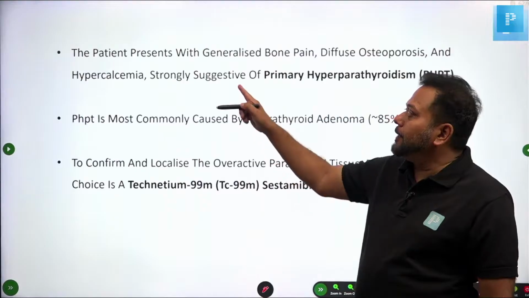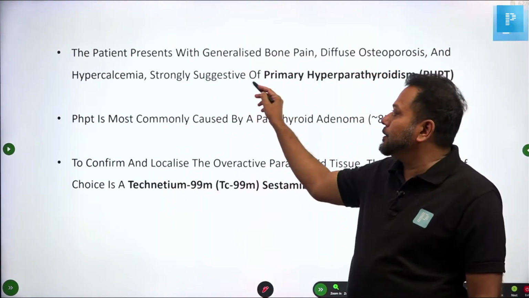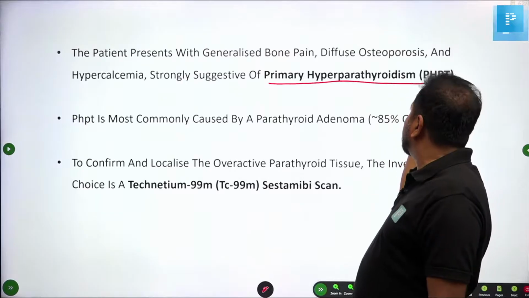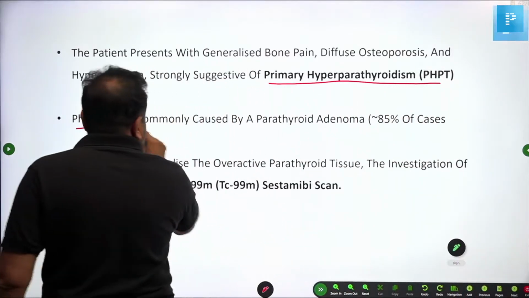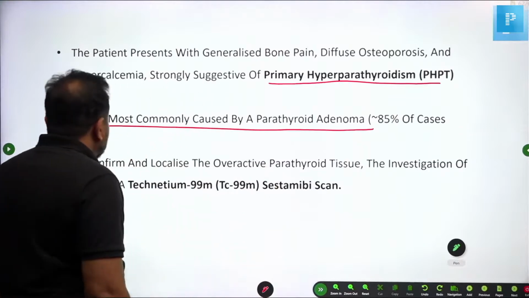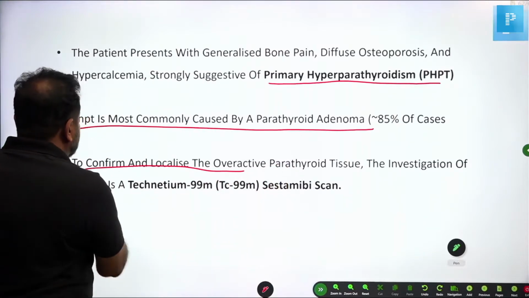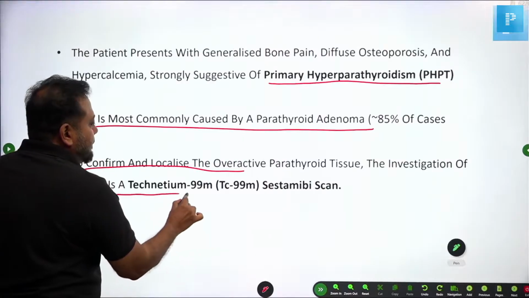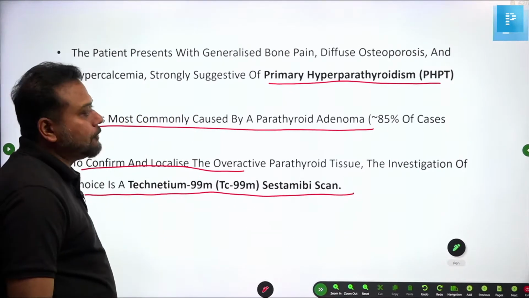You see, the patient presents with generalized bone pain, diffuse osteoporosis. Hypercalcemia strongly suggests primary hyperparathyroidism. Primary hyperparathyroidism is most commonly caused by parathyroid adenoma. To confirm and localize the overactive parathyroid tissue, the investigation of choice is a technetium-99 sestamibi scan. This is the investigation of choice.